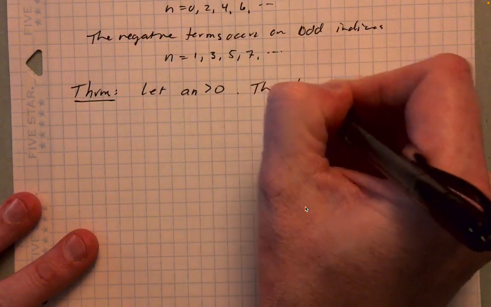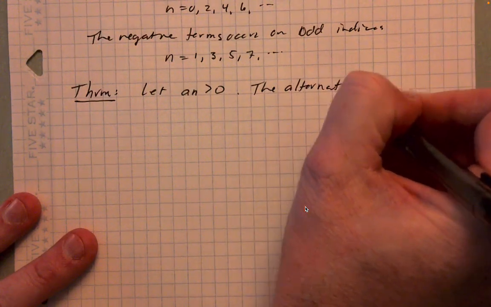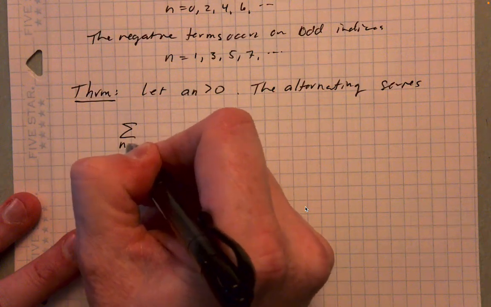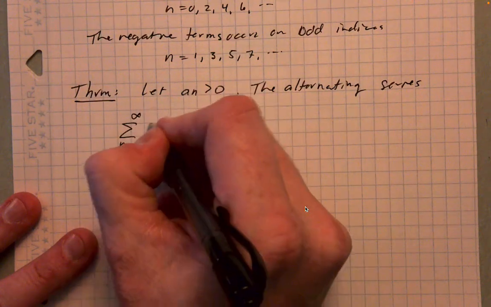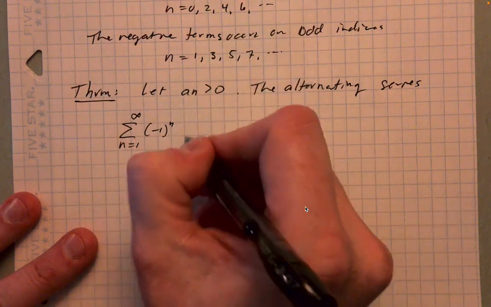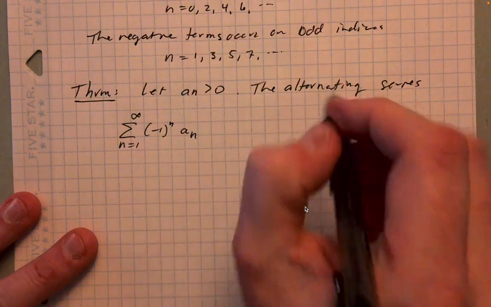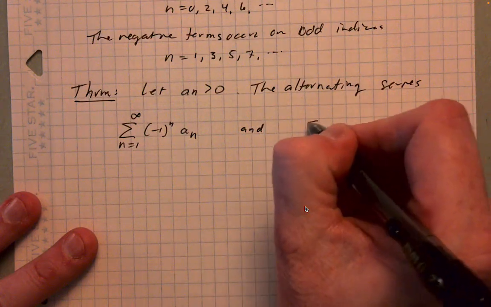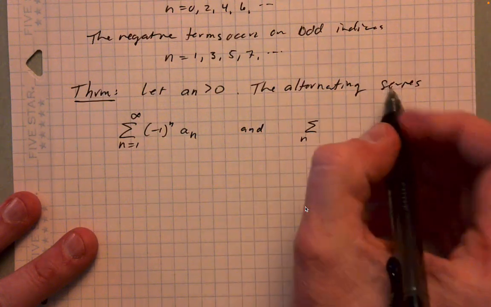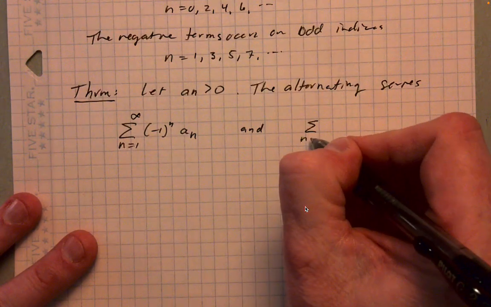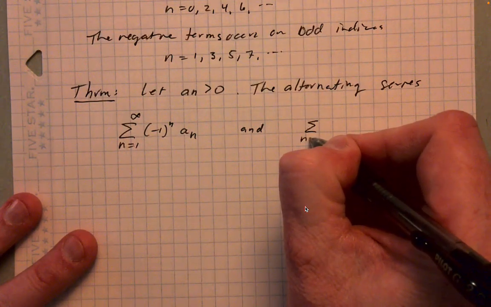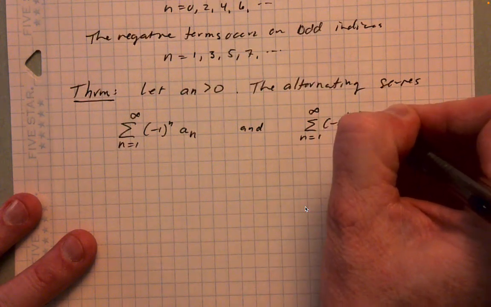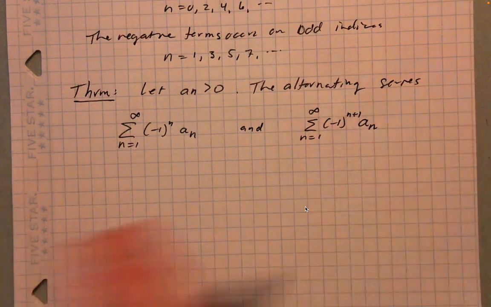Then the alternating series, and there are two options here: the sum from n equals 1 to infinity of negative 1 to the nth power times a sub n, and the other one, the sum from n equals 1 to infinity of negative 1 to the n plus 1 times a sub n.